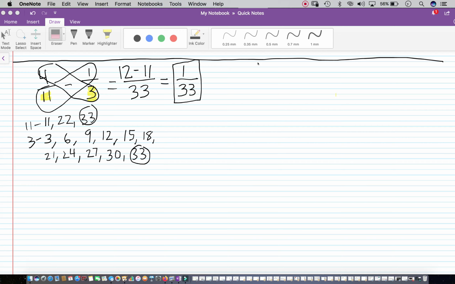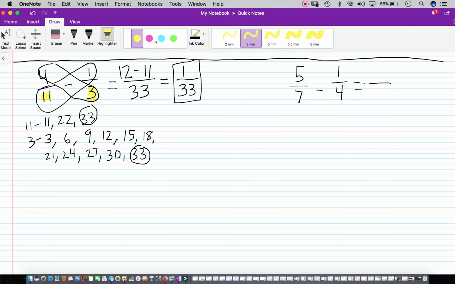Alright, for our next set of fractions, we will be subtracting 1/4 from 5/7. 5/7 minus 1/4. So what's our first step? Of course, we have to find our least common multiple for 7 and 4.